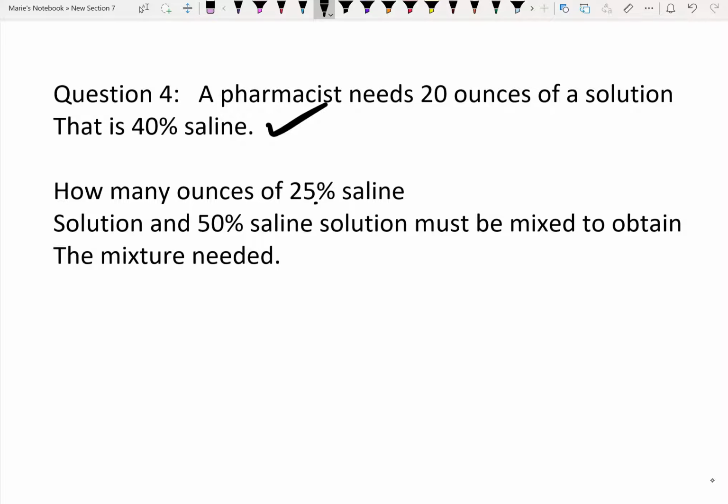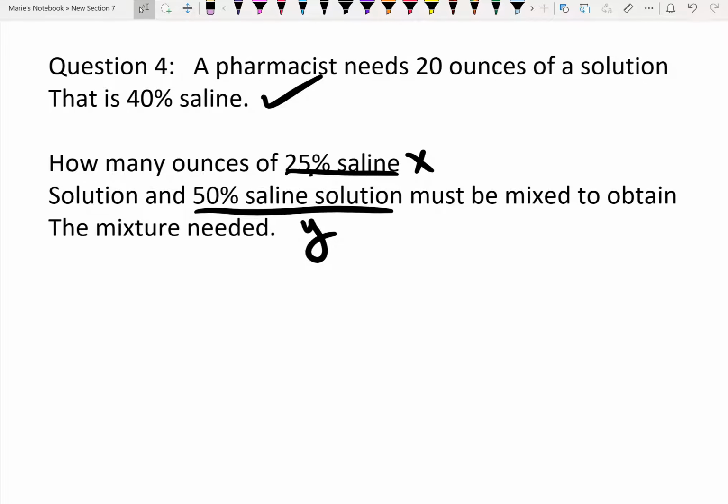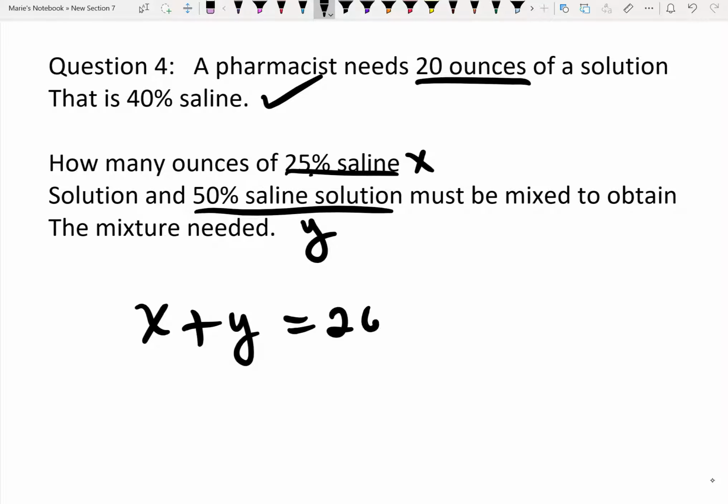They're saying how many ounces of the 25% saline and how many ounces of the 50% saline must be mixed to obtain the mixture needed. So this is like X and this is like your Y again. The question is basically the same as the other one. So we know that X plus Y has to equal the amount of ounces that I need, which is 20.